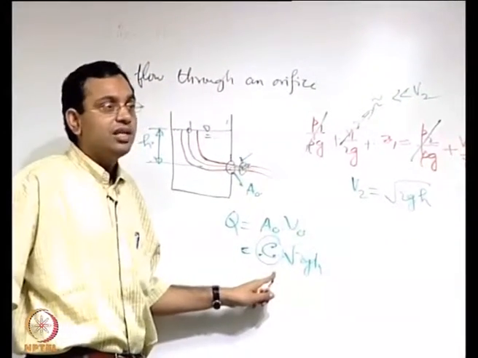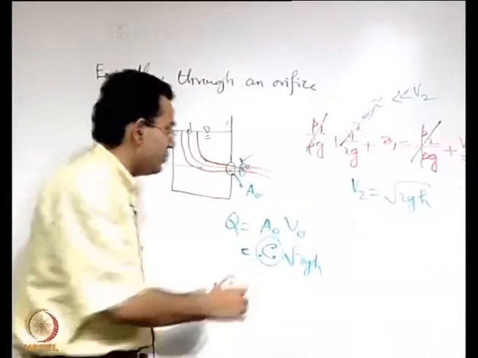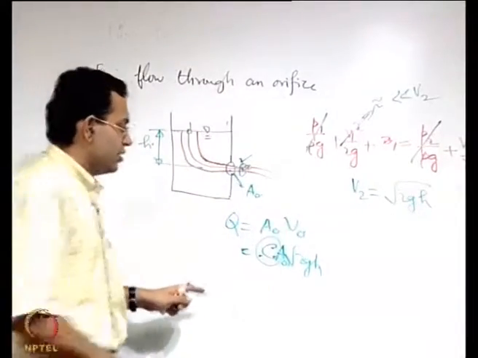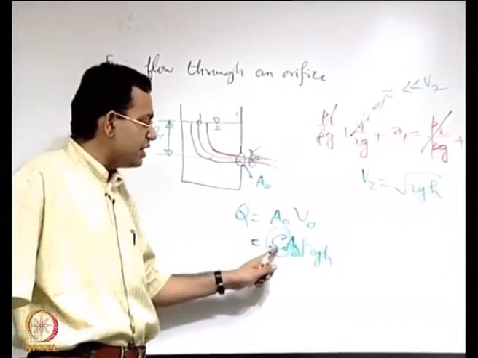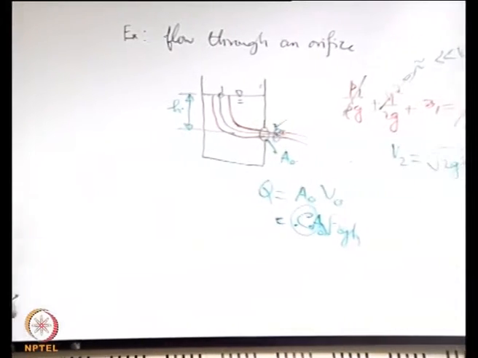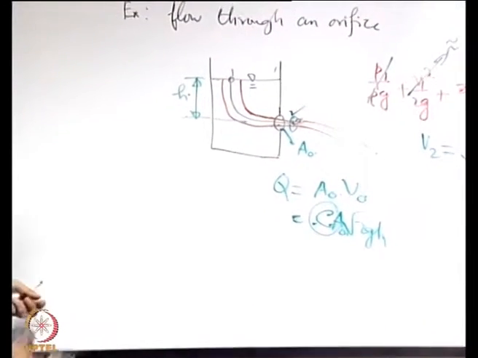So this is like a coefficient of velocity times the area of cross section times root 2gH, where this is a coefficient that takes care of that non-ideality.